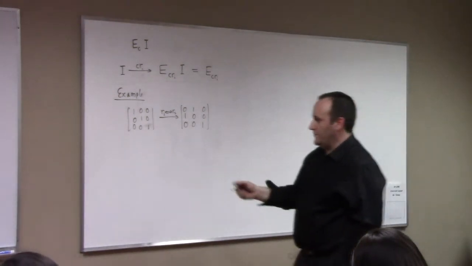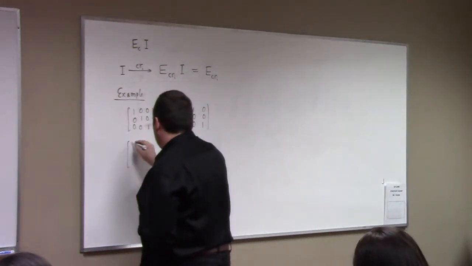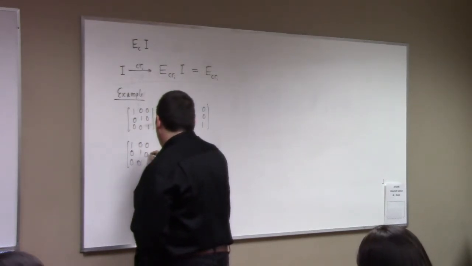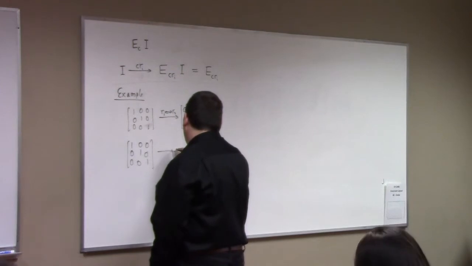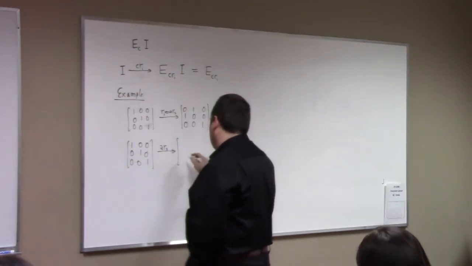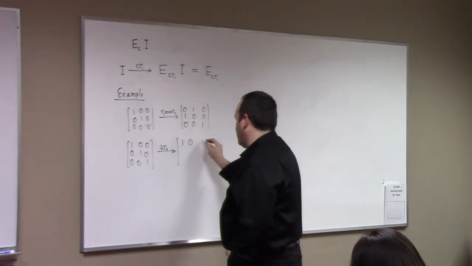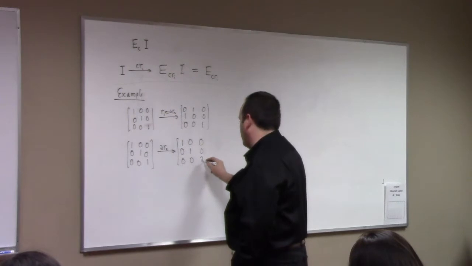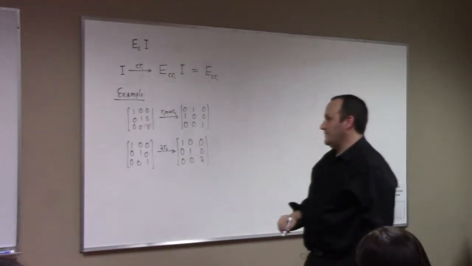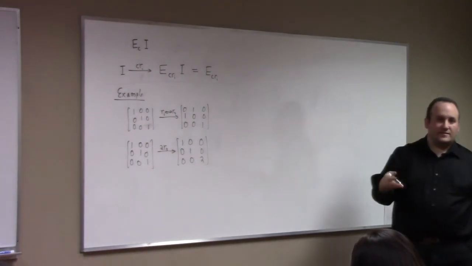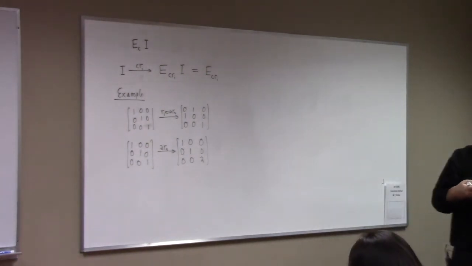And let's try another one. We could also do the 3 by 3 identity, and let's say 2 times row 3. What's that going to do for us? 1, 0, 0, 0, 1, 0, 0, 0, 2. So the matrices on the right are, in fact, elementary matrices.